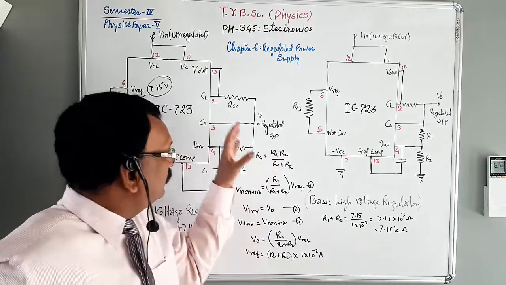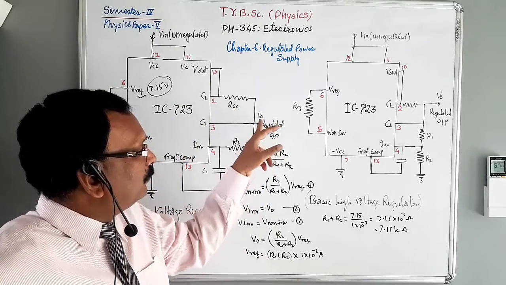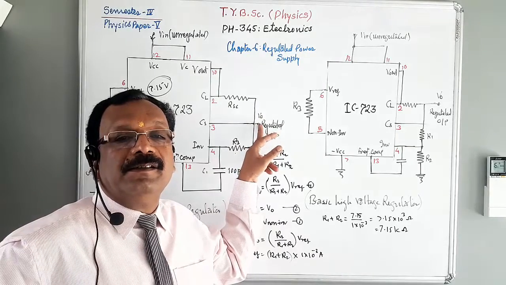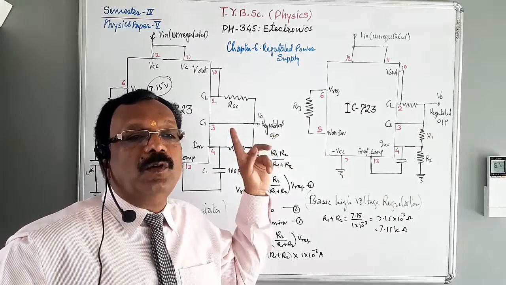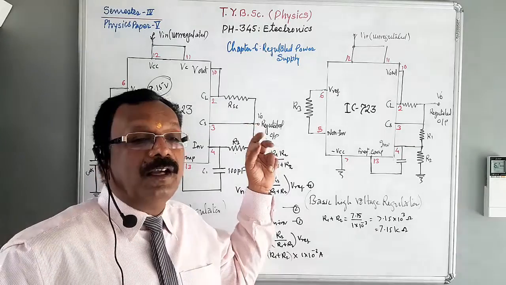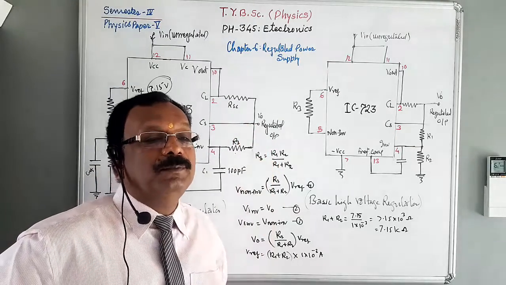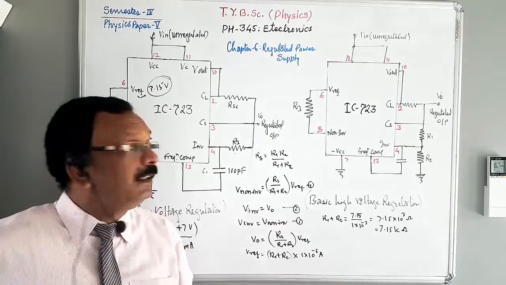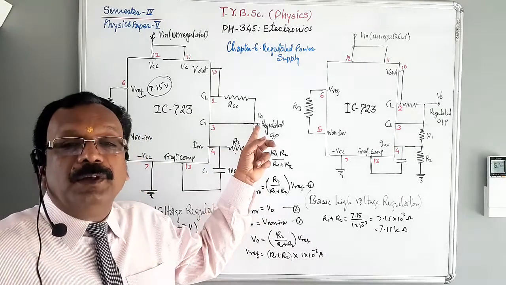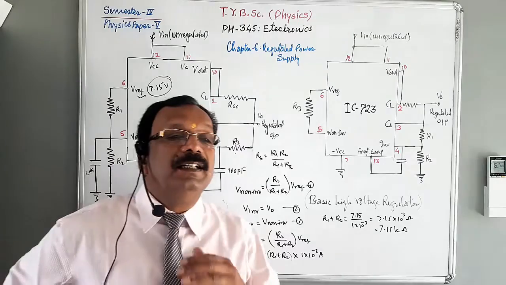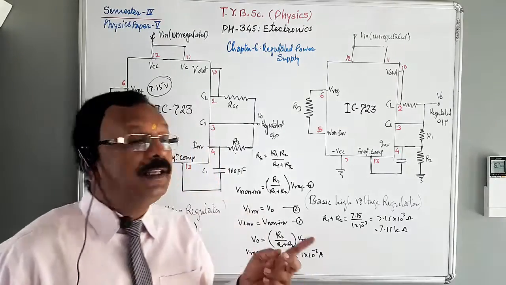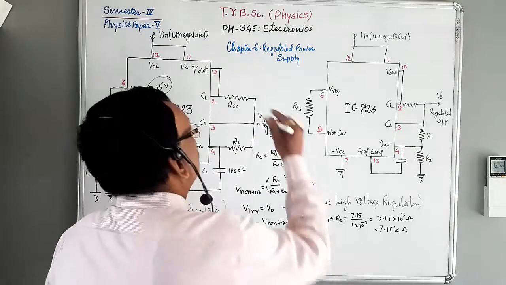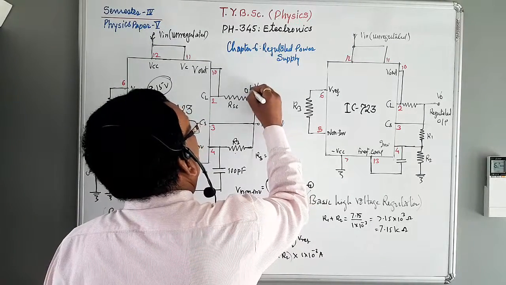When load current at this point, or at the output point, exceeds the desired current limit, then the voltage across RSC drops and becomes 0.6 volt.